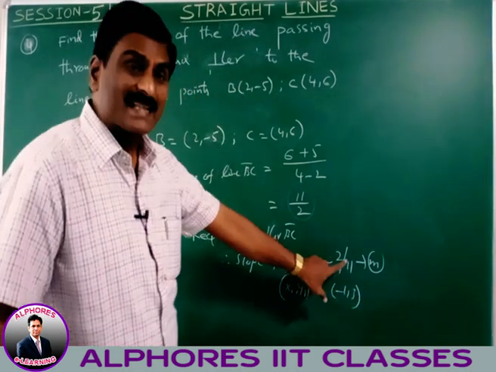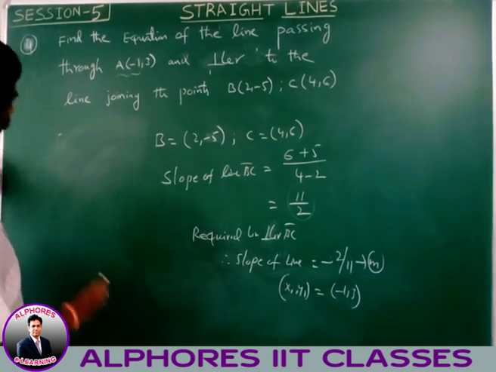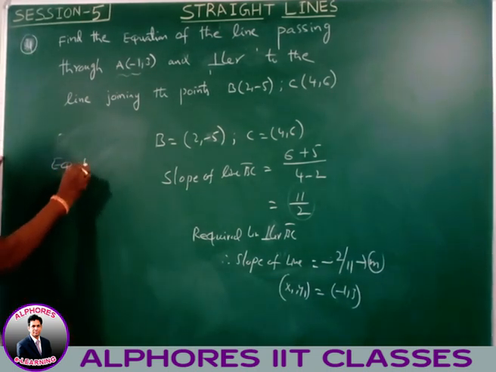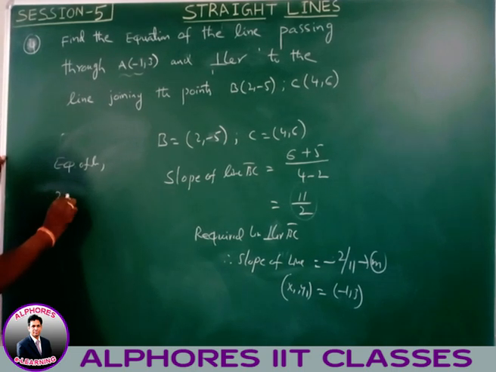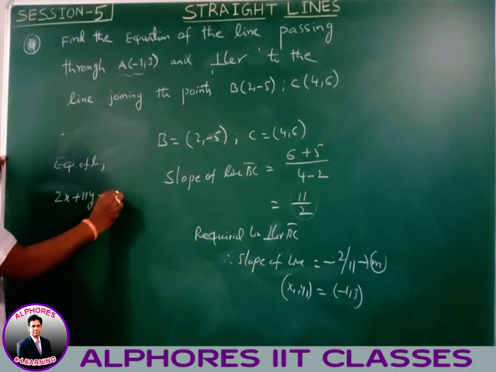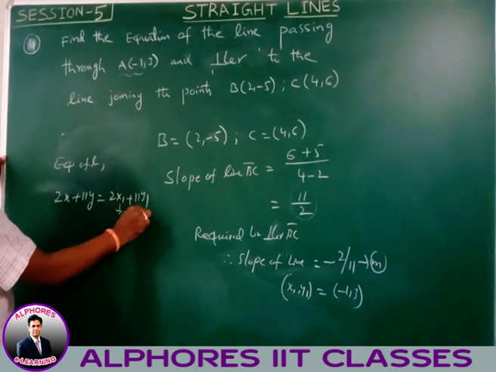If the slope is -a by b, what is the equation of the line? ax + by = ax1 + by1. That means 2x + 11y = 2x1 + 11y1. x1 is -1, y1 is 3.